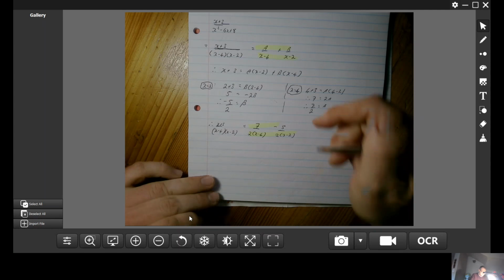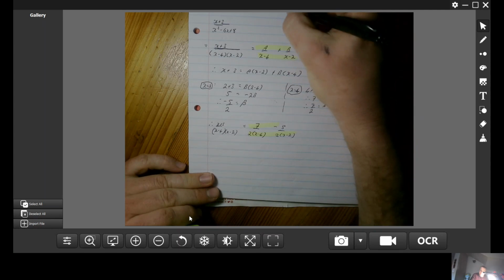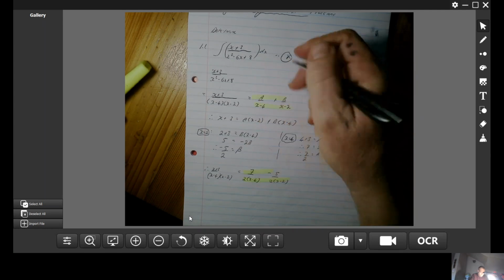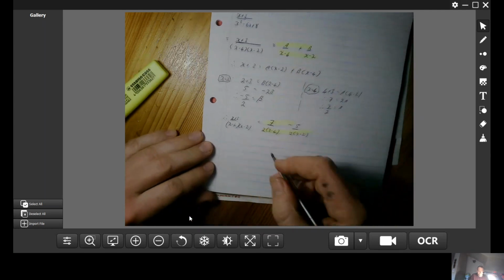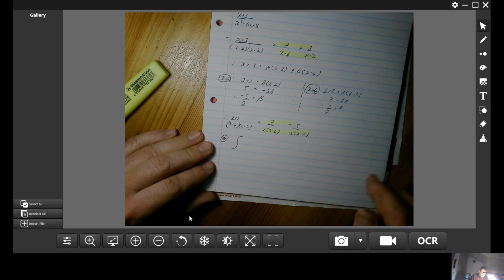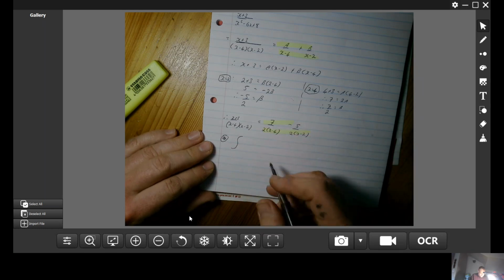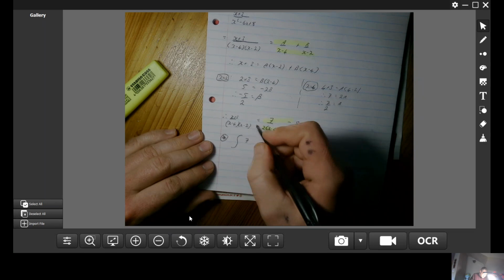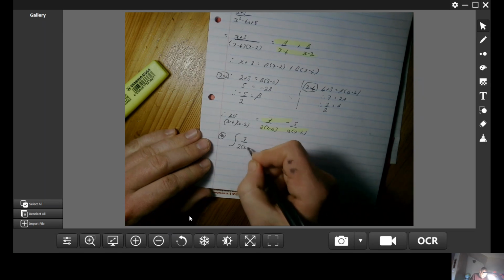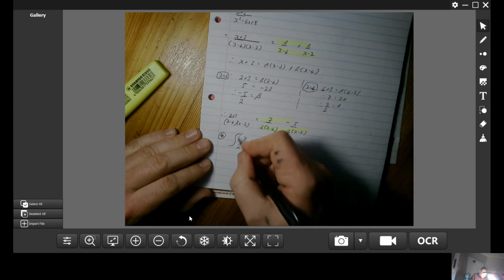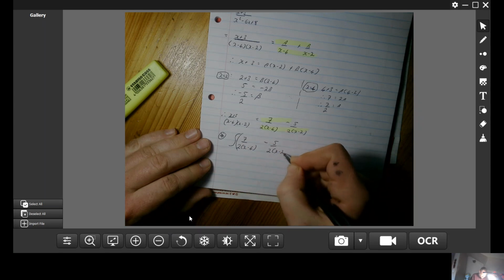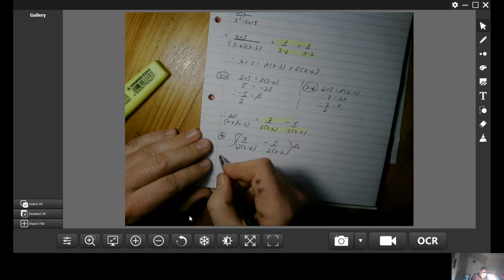Now I'll go back to the top over here. I was trying to integrate that whole thing. So that sum will become the integral of, I just put that in there instead of the original one, 7 over 2 times x minus 4, minus 5 over 2 times x minus 2, with respect to x.